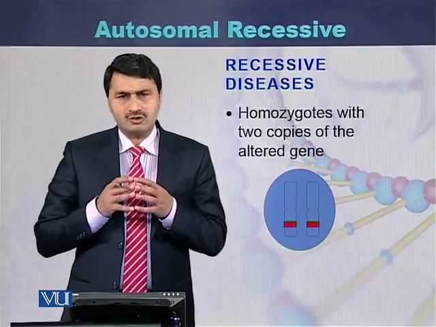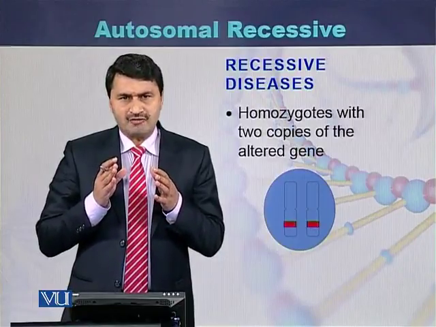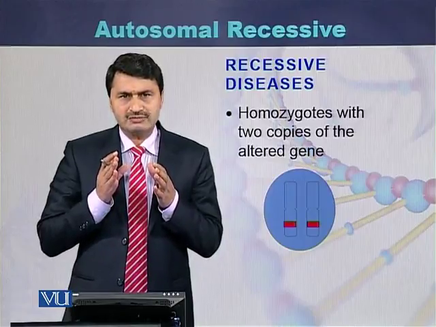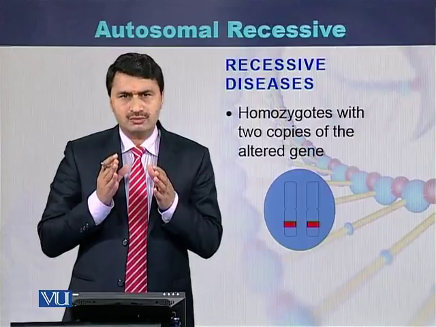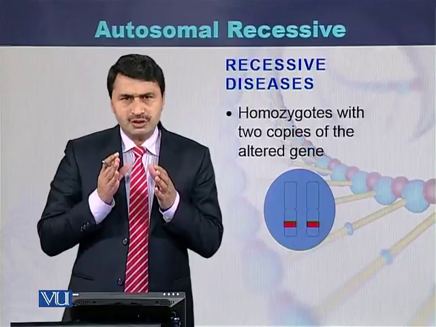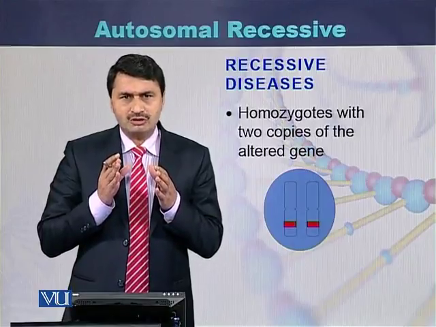In case of autosomal recessive diseases, as the genes are in the form of pairs, chromosomes have alleles. If both alleles which are present on the homologous chromosomes are affected, the pattern would be called autosomal recessive if the gene is present on the autosomes.